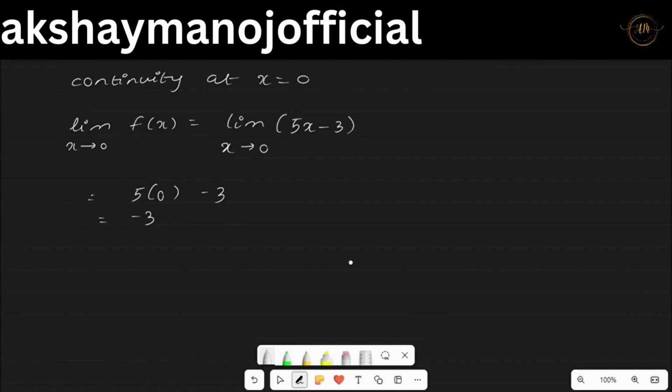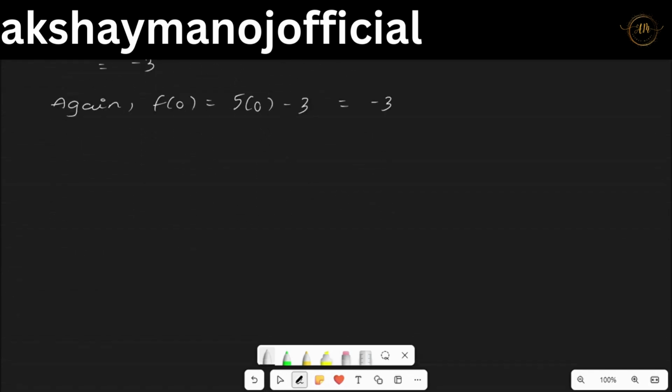Again, f of 0 is equal to 5 into 0 minus 3, which is equal to minus 3, as limit as x tends to 0 of f of x is equal to f of 0.